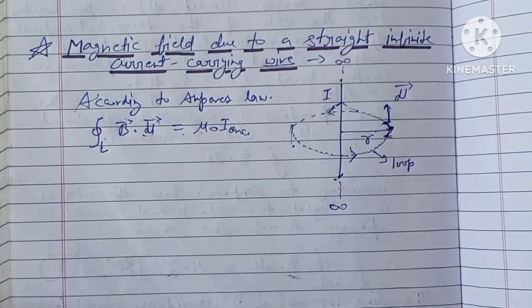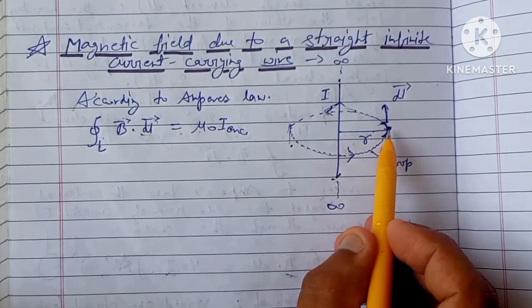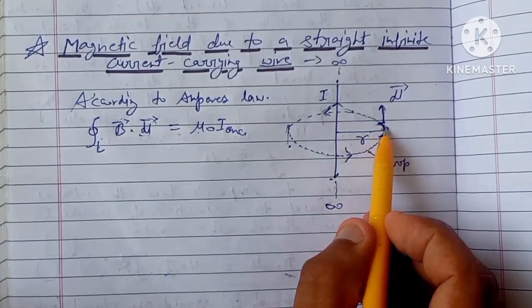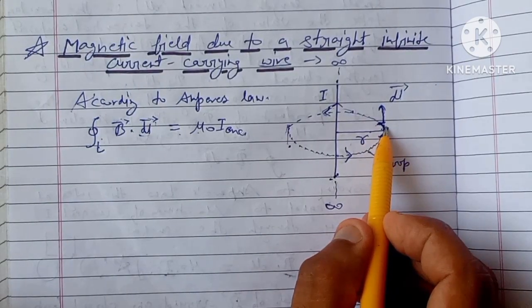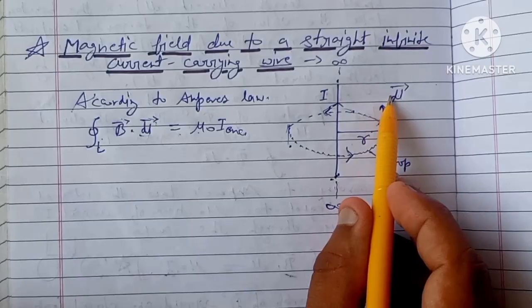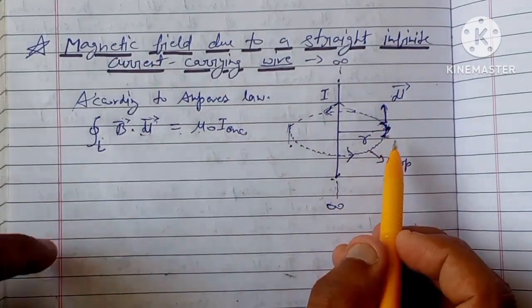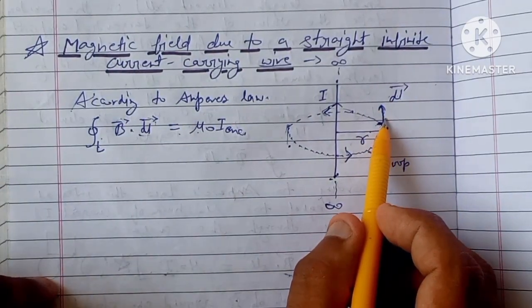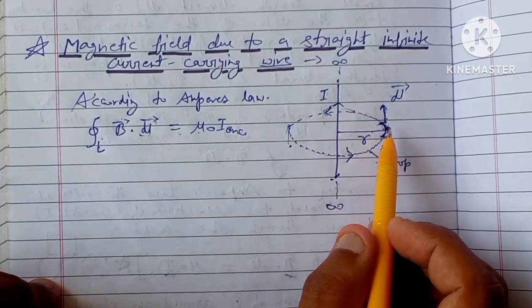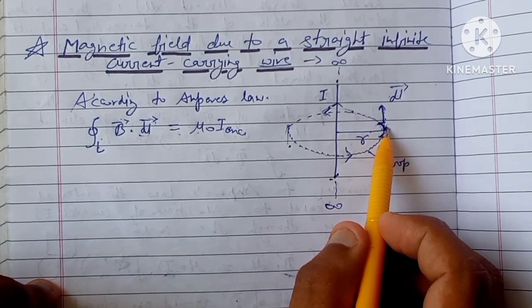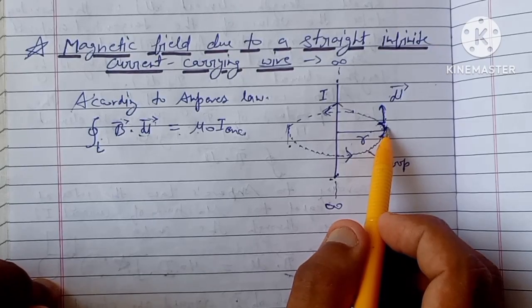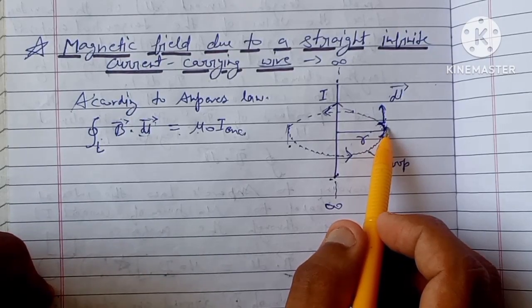Now I have chosen my length vector. We already know the direction of our length vector. Now let us calculate the direction of magnetic field at this point. For calculating the direction of magnetic field at this point, we will use our right hand thumb rule. What does our right hand thumb rule say?